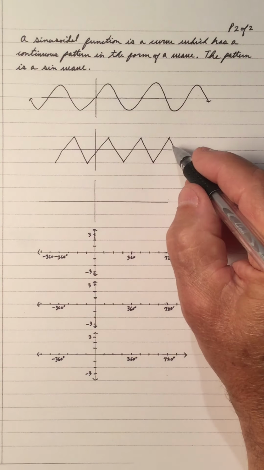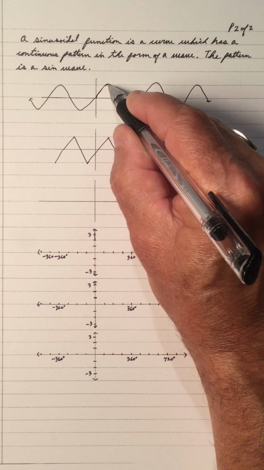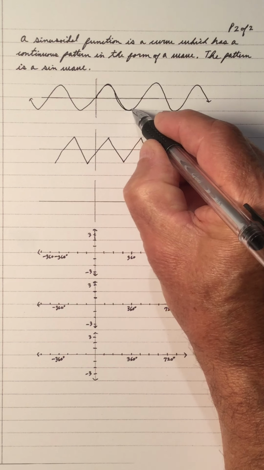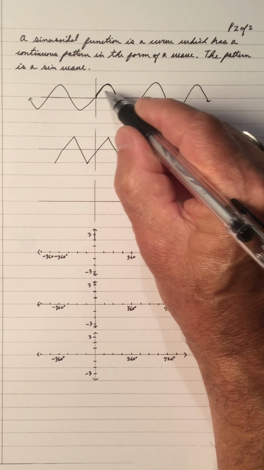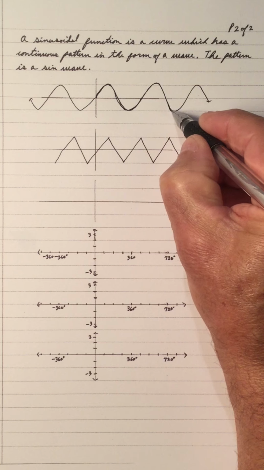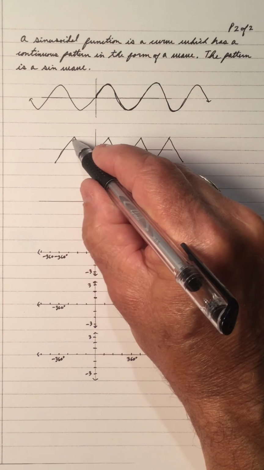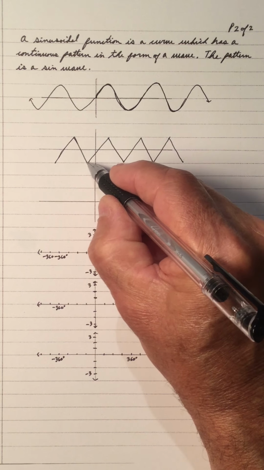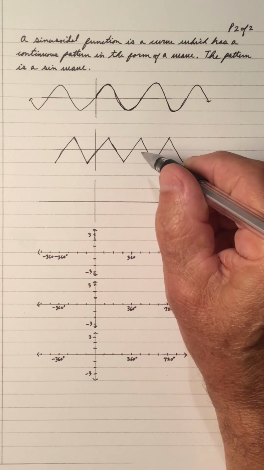But this has a period. This repeats itself from here up. If you go from there to there, that's what we call one period or one cycle. And then it repeats itself again here, and so on. This one repeats over this interval, then it repeats right here. But again, it's not a sine wave.